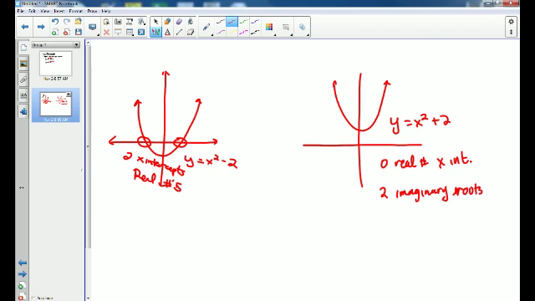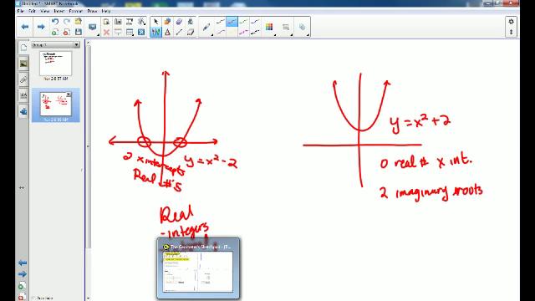Well, that's one. So know that these are different number systems. What does the real numbers include? We have integers, rational, irrational, everything's in there, stuff that doesn't make sense, right?